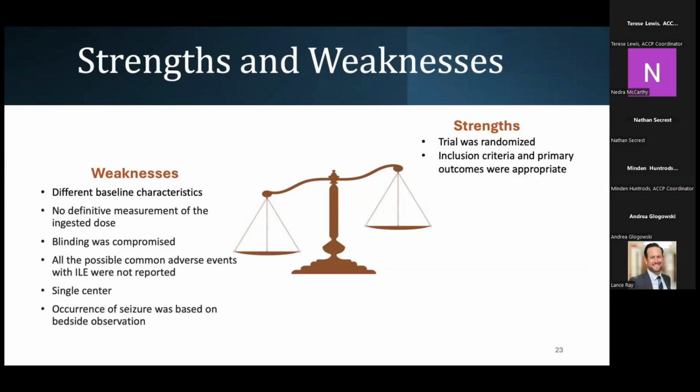As mentioned before, this study was done in Iran, and their prevalence for tramadol toxicity was very high. It's about 60%, because tramadol is not only available there in oral formulation, but also in IV formulation, and oftentimes patients who present to their ED have not only tramadol toxicity, but also cocaine or fentanyl toxicity.